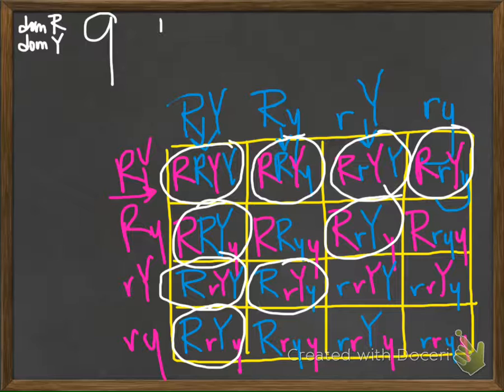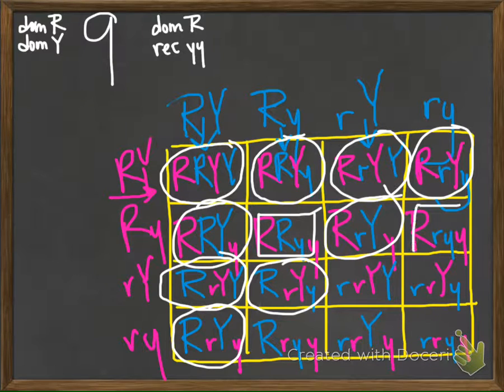Then we're going to do dominant for big R, and recessive, which means you have to have 2 little y's. So we're going to be round and green. We have to have 2 little y's, so at least 1 big R and 2 little y's. I'm going to put squares. 1, 2, 3.